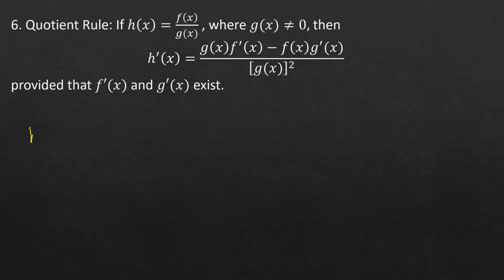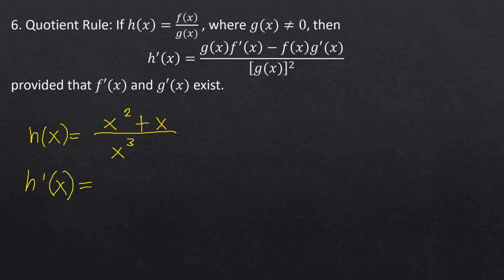let's say we have h of x is equal to x raised to 2 plus x over x raised to 3. So here we have to first get the derivative of the numerator. So the derivative of the numerator is equal to 2x.